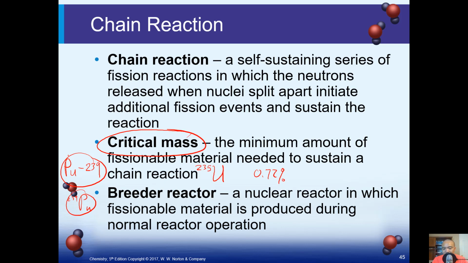Some of the neutrons, however, react with uranium-238 to produce more plutonium-239. This type of reactor is called the breeder reactor because it breeds its own fuel for future use.